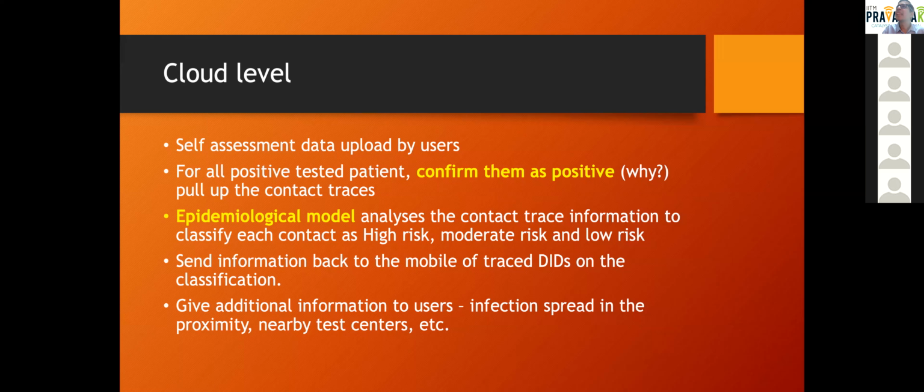Right? Now, when we send this information to somebody saying you came in contact with somebody who has tested positive, go and test yourself, we are not telling with whom you came in contact with. Right? So the privacy and the anonymity is actually preserved there. In addition, the cloud will also give additional information to users, like the infection spread in the proximity, next 50 meters, 100 meters, how many people have tested positive, how many Arogya Setu users have tested positive, etc. And it will also give information about nearby test centers if you want to go and test.